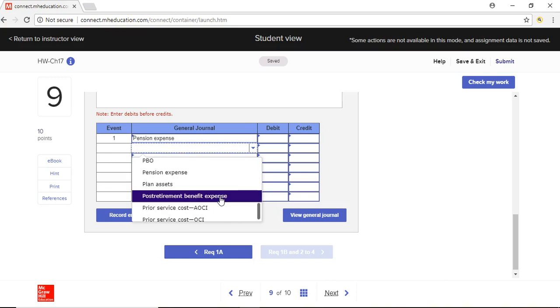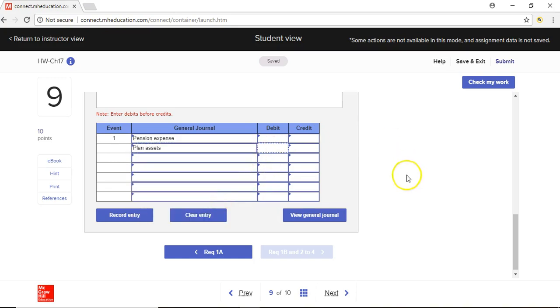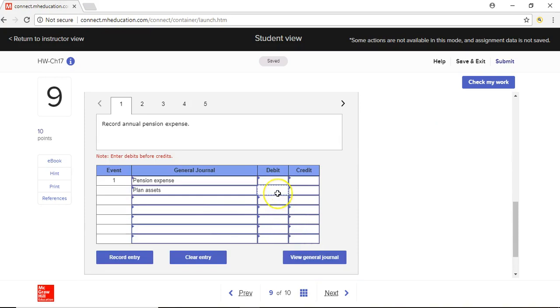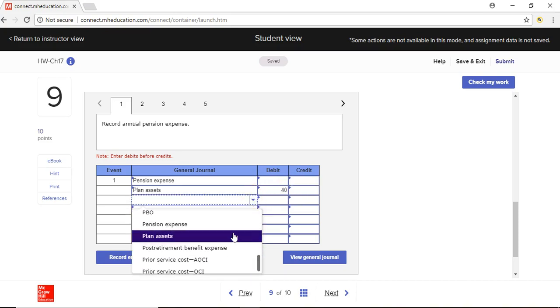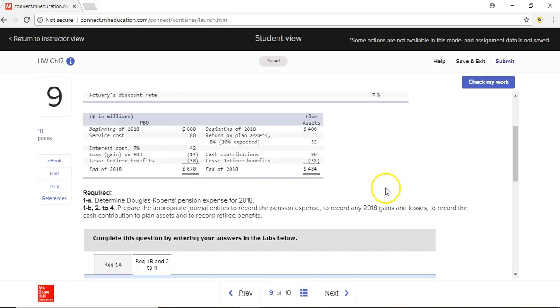So debit plan assets, the amount is the 10% expected rate multiplied by the beginning balance of plan assets, 400, so the result is 40. On the credit side, we have the increase of PBO based on service cost 80 plus interest cost 42, so 122.